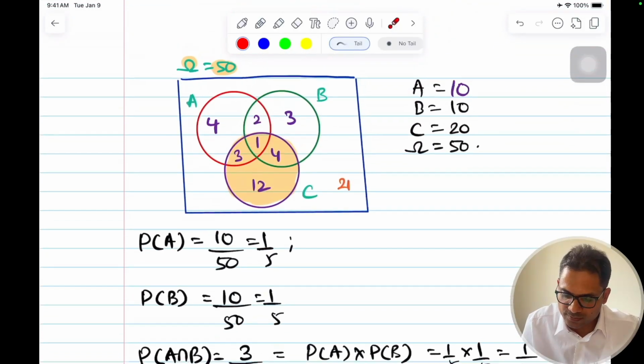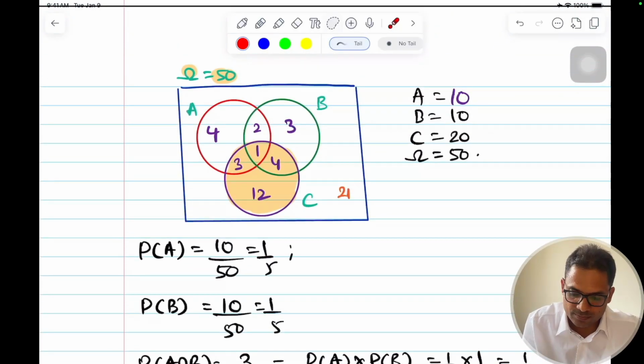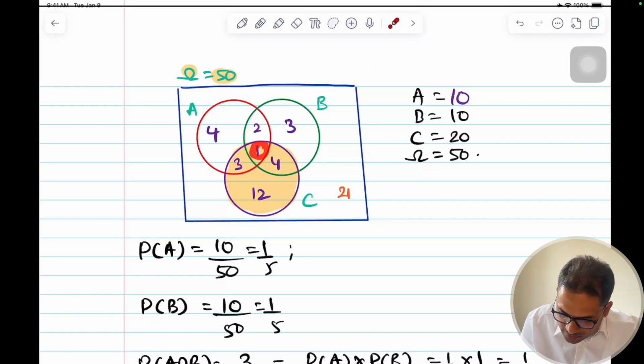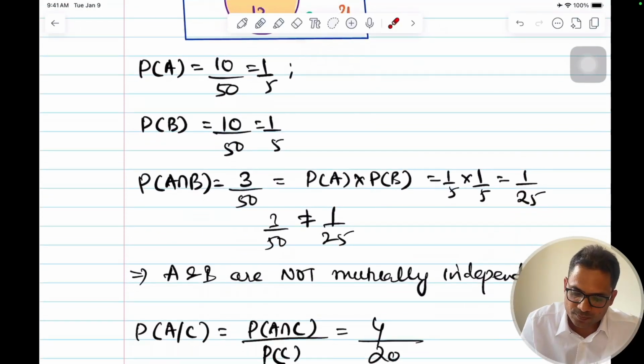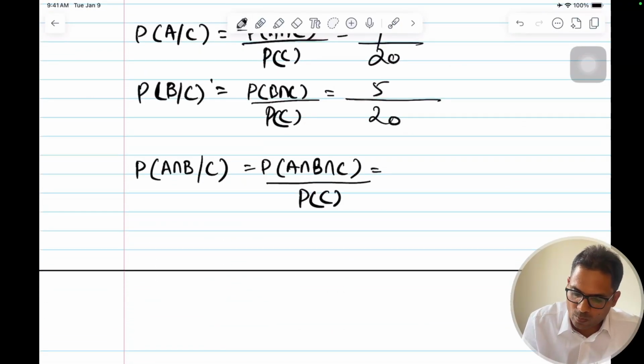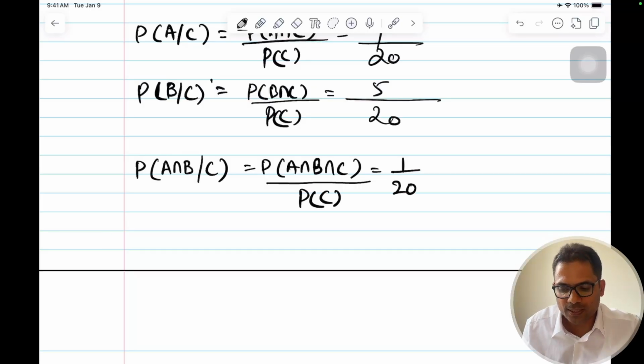Let's see from the diagram. This is the part common in all. So this is equal to 1 by probability of C, which we know is 20.